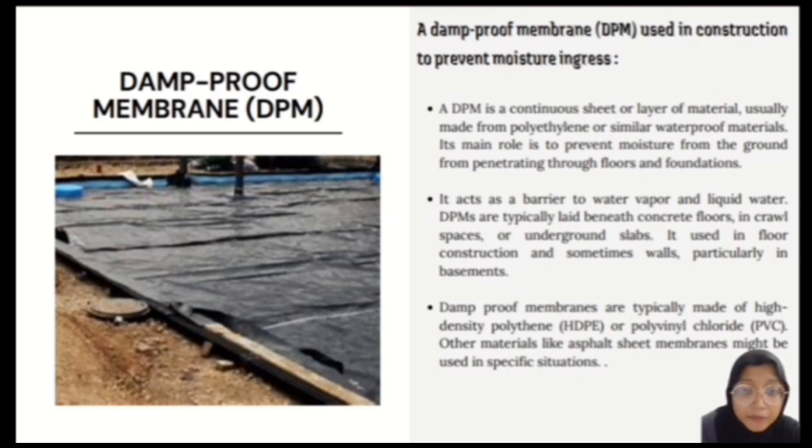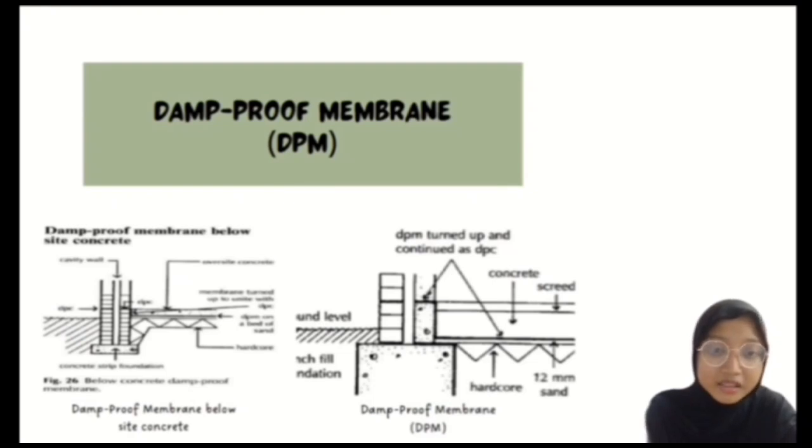However, the chosen DPM material should be compatible with other building material it comes in contact with, like concrete or screed. Certain chemically incompatible materials might degrade the DPM over time. These are examples of damp-proof membrane DPM.